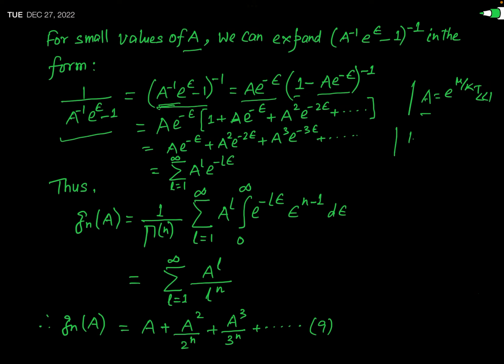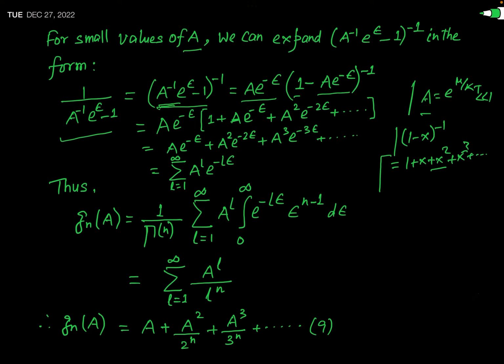Now this is just in the form of 1 minus x to the power minus 1, and when you make the binomial expansion, this will be 1 plus x plus x square plus x cube and so on.